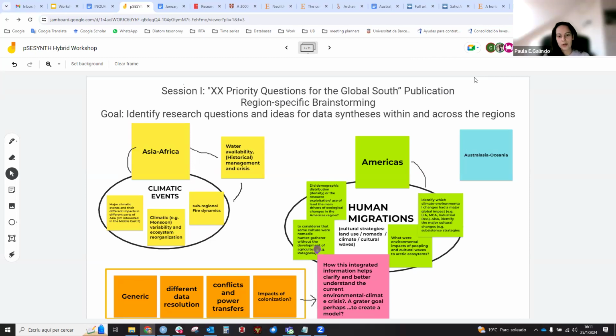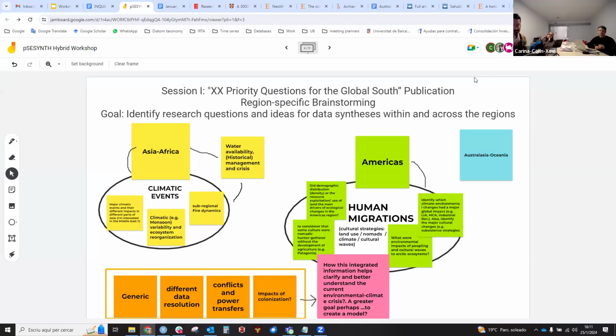That's also together with how they use their land or if they were nomads, these cultural strategies. So it's the perfect example of mixing everything: how humans react to climate and the cultural stuff, no?